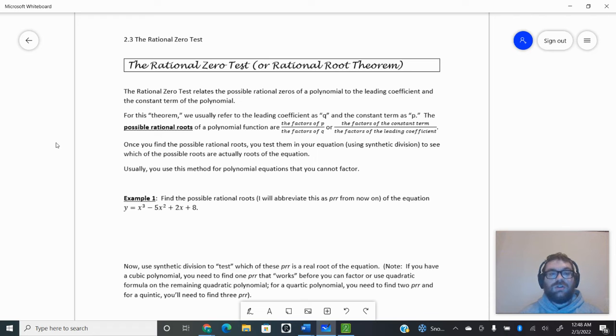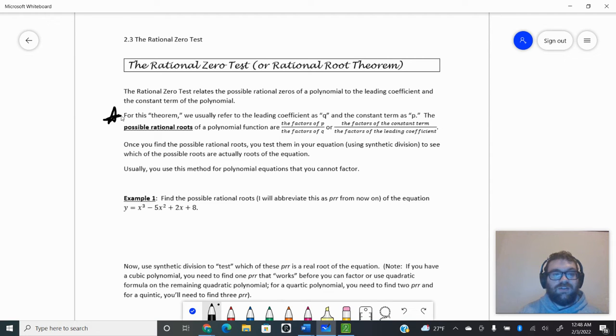So yesterday, what did we learn? As a quick reminder, we stated all the possible rational zeros for a given polynomial. And how did we do that? Remember, we took the factors of the first term and the last term, as stated here in the second line.